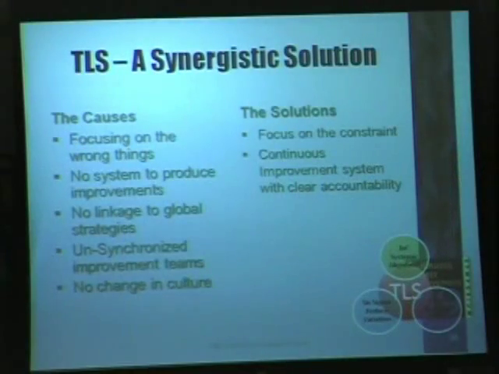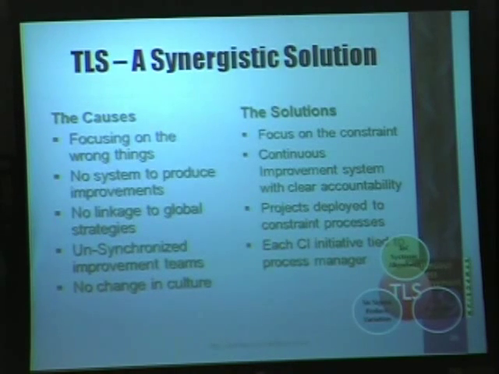Make sure that your continuous improvement program has clear accountability. Somebody is writing a check, and whoever's writing that check is accountable for getting the job done. We put our projects on the constraint processes where they're really going to pay.